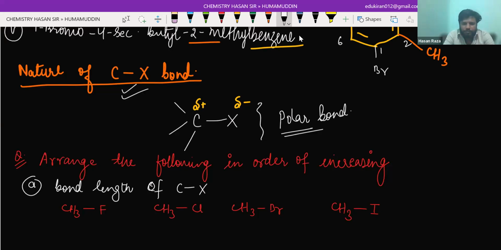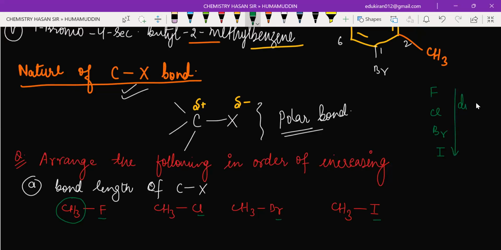Are you done with this? See, one thing is common, which is CH3. Now you have to decide with the help of fluorine, chlorine, bromine, iodine. They are from the same group. Yes or no, Austin and Humamuddin? Yes, sir.